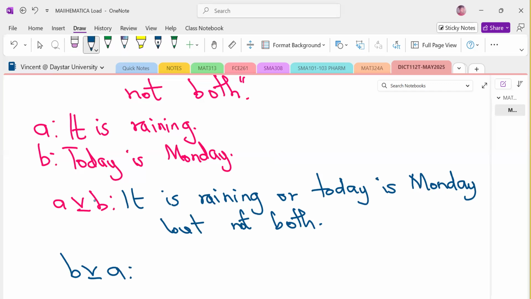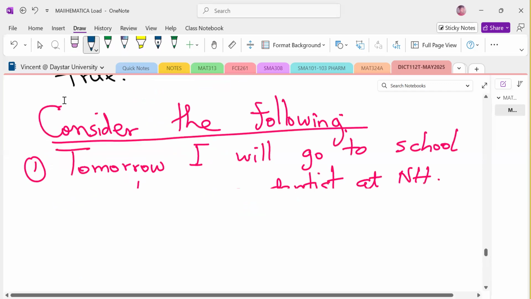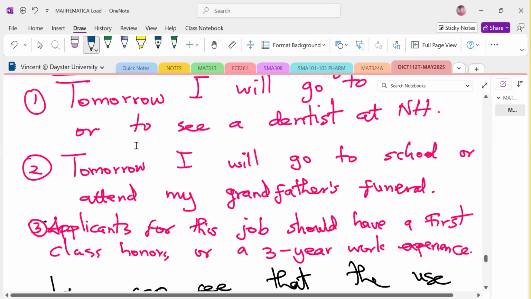Yeah, so you must always add the term "but not both". When it's like today is Monday and it's raining, it's not as obvious as the first two statements we saw about tomorrow going to school and attending a funeral, or going to school and seeing a dentist.